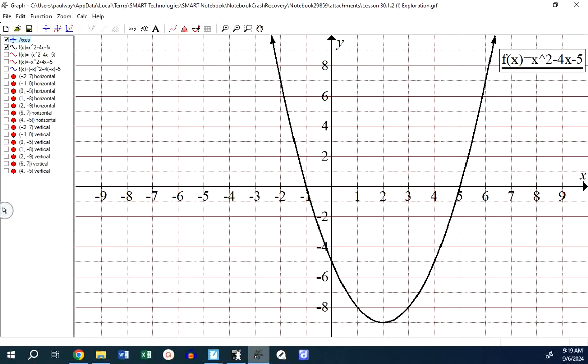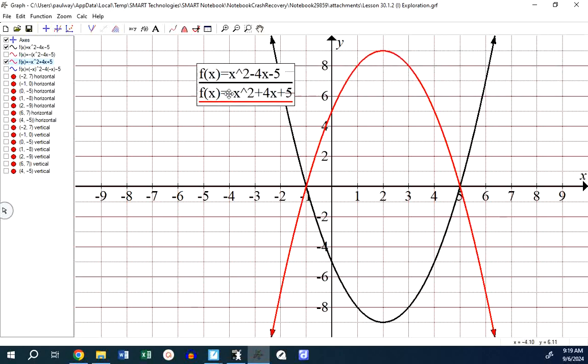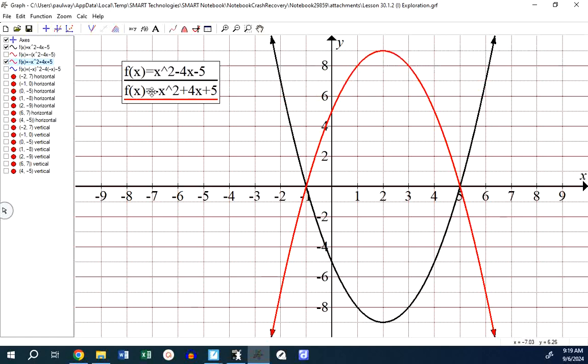And here is the graph of g of x. Now, I don't have the luxury or the time to change it to g of x. I've just got f of x up here. But you need to understand that negative x squared plus 4x plus 5 is what you have written for g of x in part A of this question.